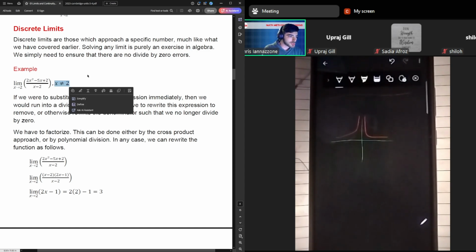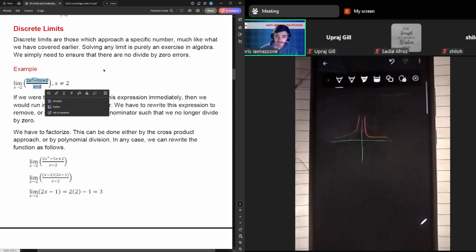As I said before, you'd pretty much only ever use limits if you're looking at a weird spot on a graph. In this case, we're looking at what happens from a divide by 0 error. So if we had just subbed in x equals 2 directly into this, divide by 0 error, the whole thing's undefined. So make no mistake, the y value at x equals 2 is considered undefined.